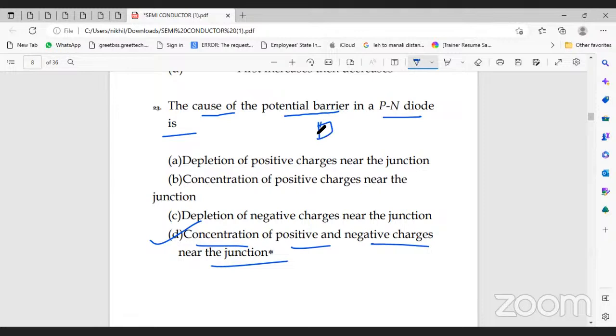In the potential barrier, there will be a recombination of holes and electrons, right? In the midway, that concentration of positive and negative charge near the junction is what we consider as the potential barrier.